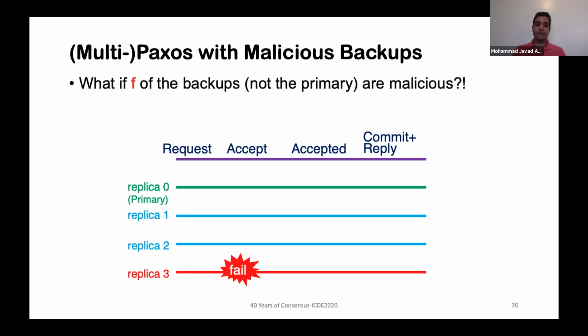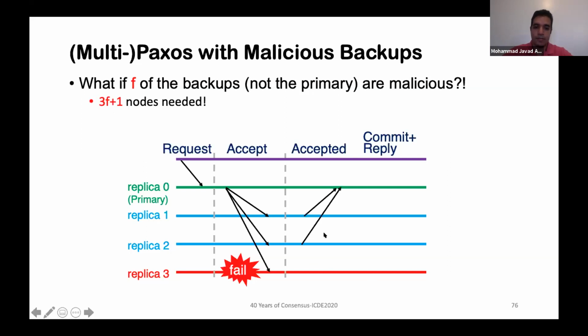What if we assume that the primary is still honest? The primary does not behave maliciously, but the backups might. In that sense, we cannot say we need f+1, because f of them might be malicious. So here we need 2f+1 nodes as the quorum size, to make sure that even if the backups behave maliciously, we can still progress.